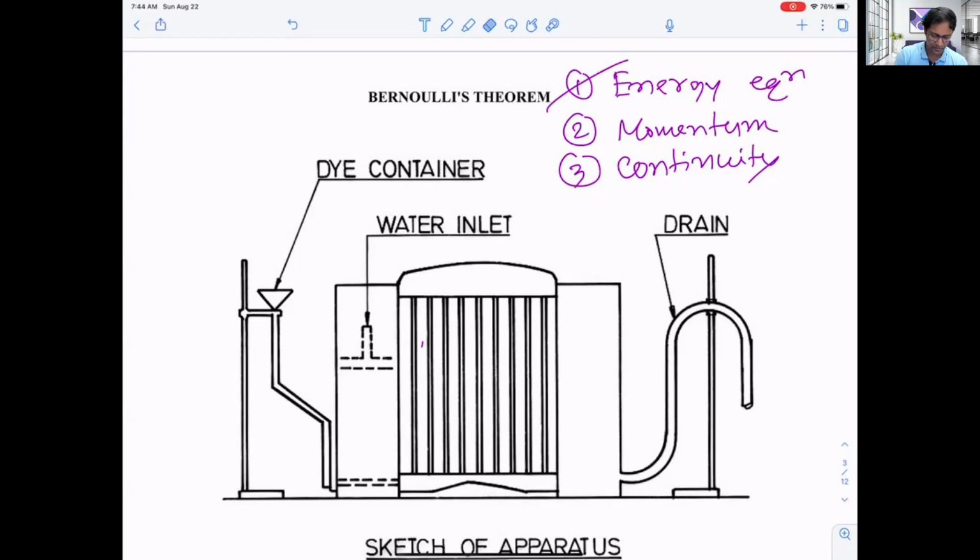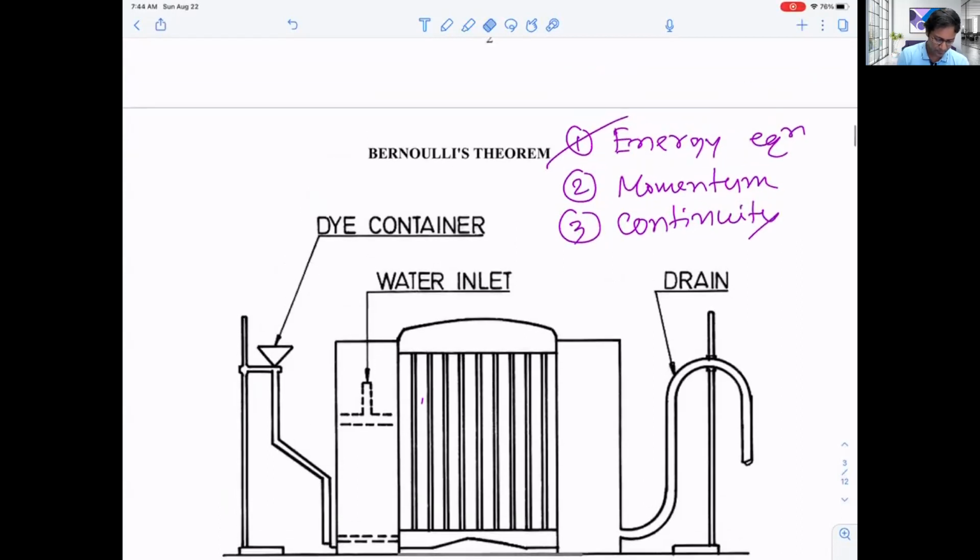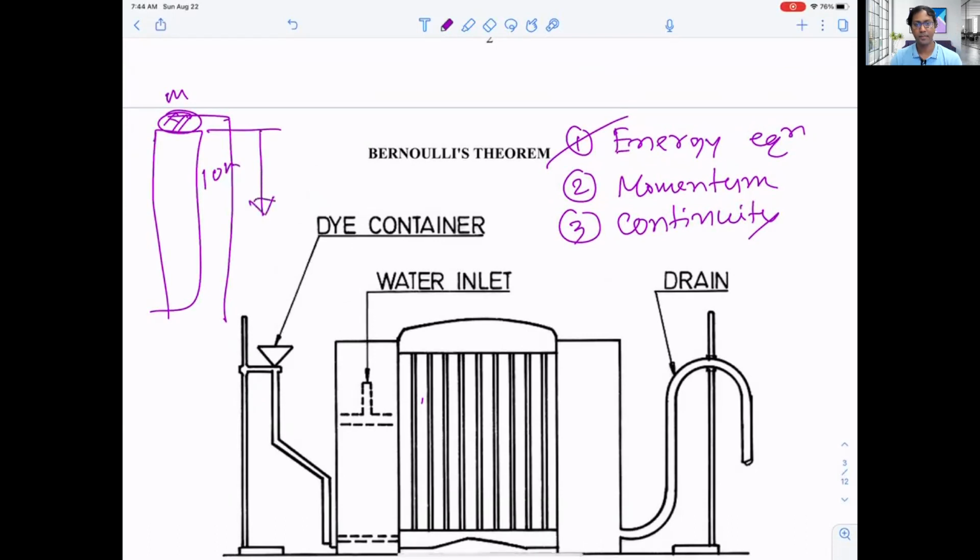For example, you have a tall building here, and what happens if you bring one body here? If you store a body with a certain mass m at 10 meters height, and you allow it to fall freely, then what happens?